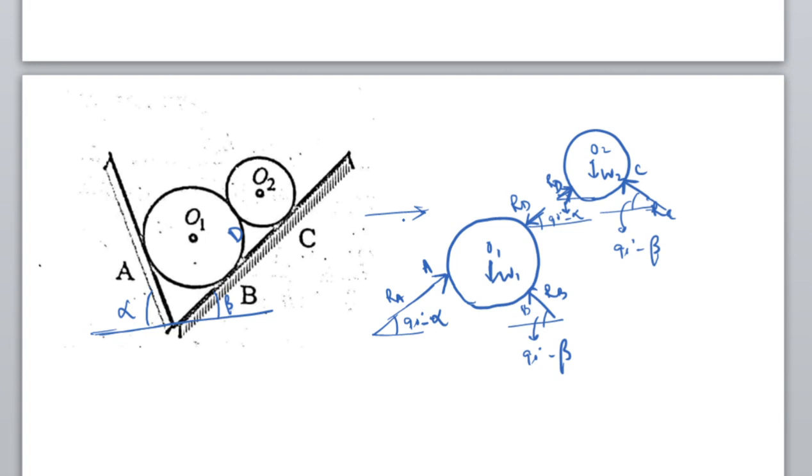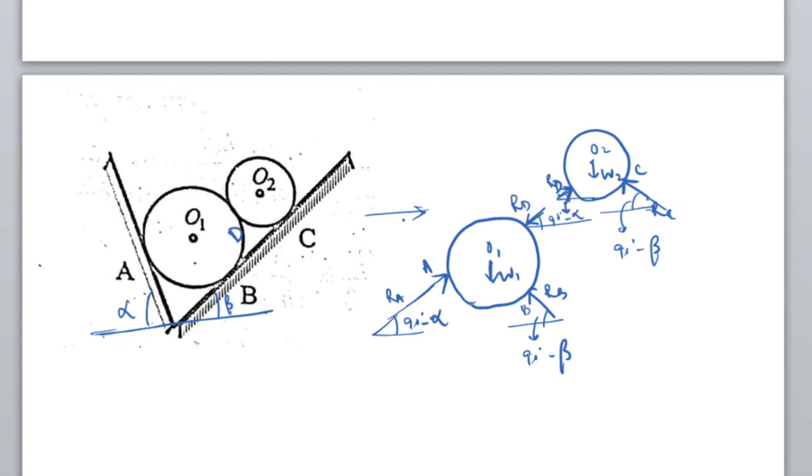So you need to follow these 5 steps. First, isolate the body from all other bodies and supports, then indicate the external forces if any are acting, and self weight also, then mention its direction and magnitude. After that, remove all support reactions and strings.